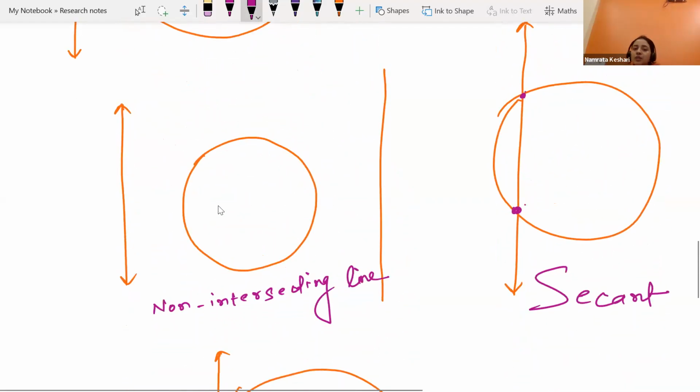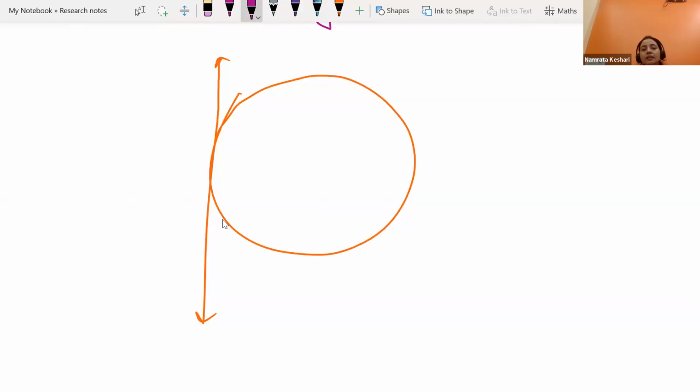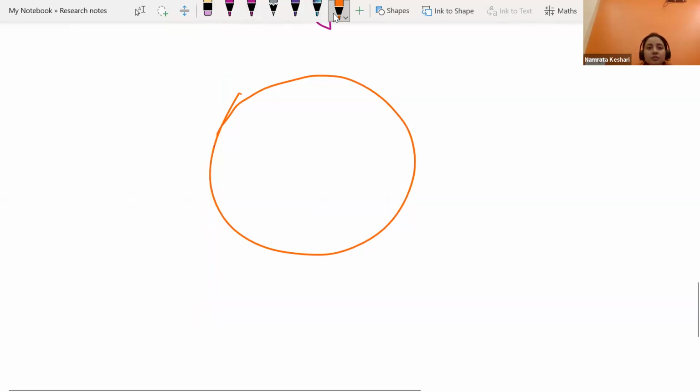So first one is non-intersecting line, and the last one is when a straight line is touching the circle at one and only one point. In this figure, maybe it's not that clear. I must draw it like this. Yeah, like this.